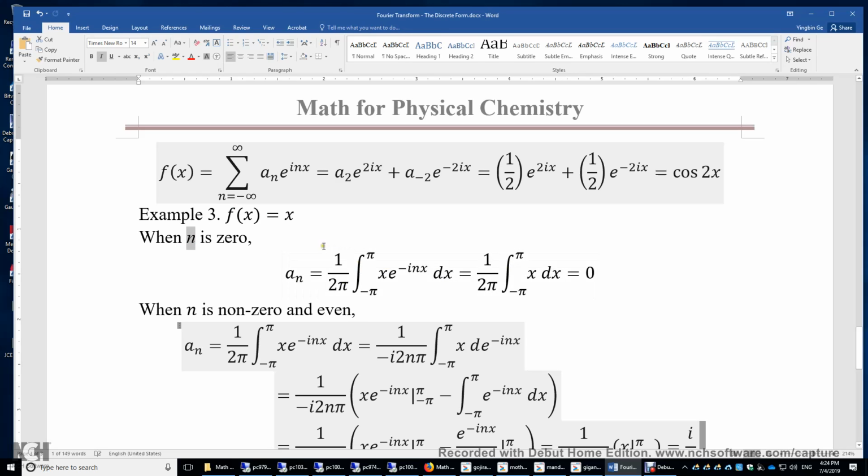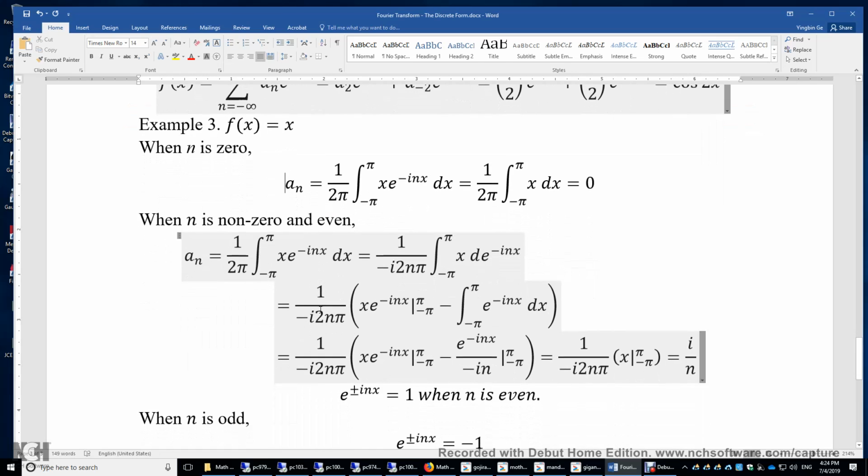This term is missing. What if n is non-zero and even? When n is non-zero and even, again, we evaluate this, and we take out this negative i n out of the integral, and also multiply this x by negative i n, and we have the integral of this to be e to the power of negative inx. And now we have to evaluate this integral.